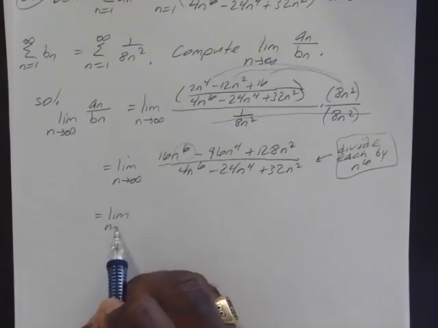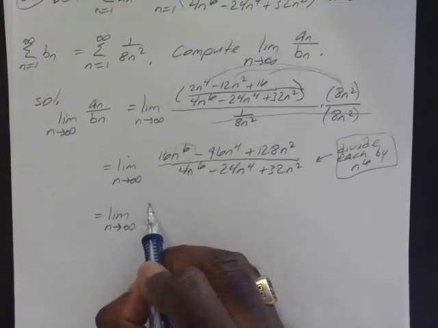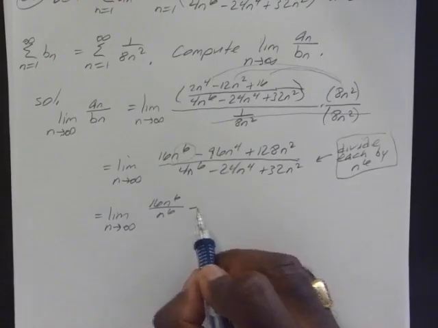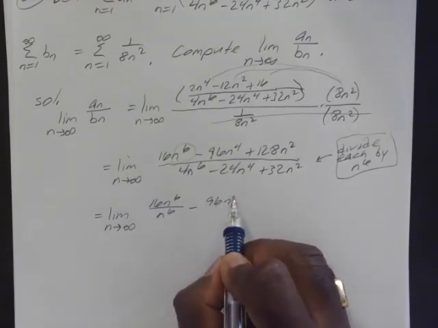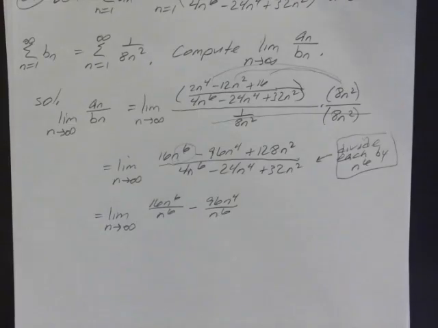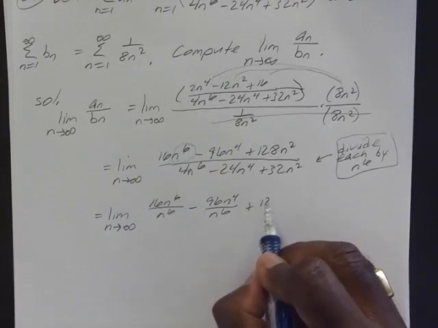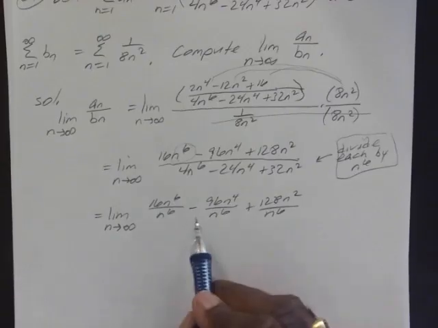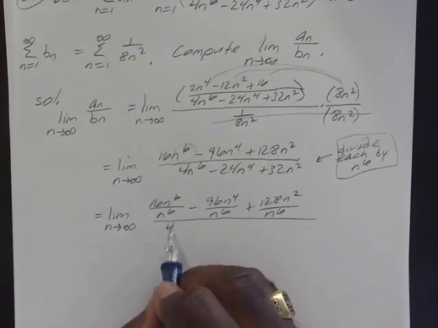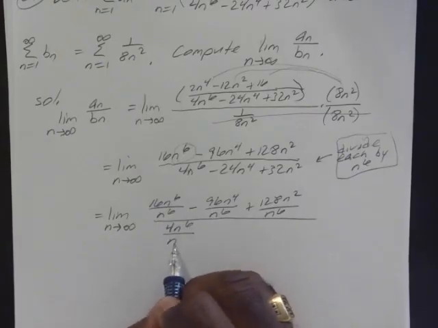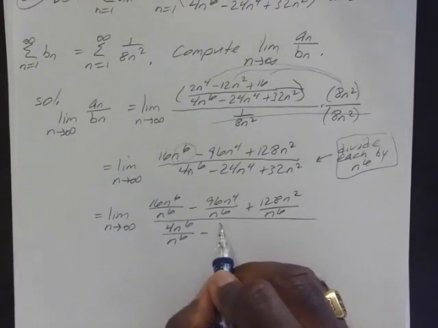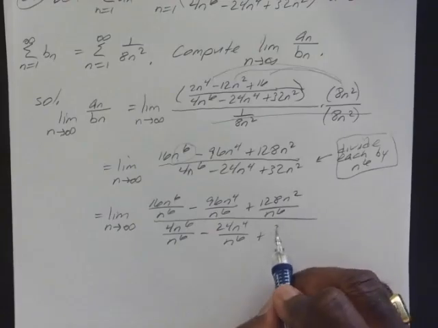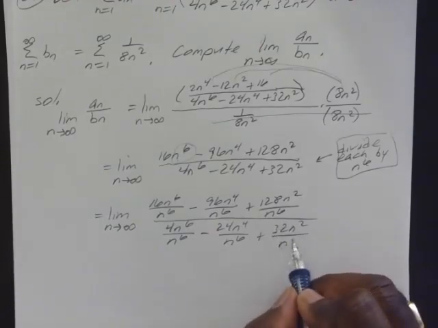So we have the limit as n approaches infinity of 16n to the sixth power divided by n to the sixth power, minus 96n to the fourth power divided by n to the sixth power, plus 128n squared divided by n to the sixth power, divided by 4n to the sixth power divided by n to the sixth power, minus 24n to the fourth power divided by n to the sixth power, plus 32n squared divided by n to the sixth power.